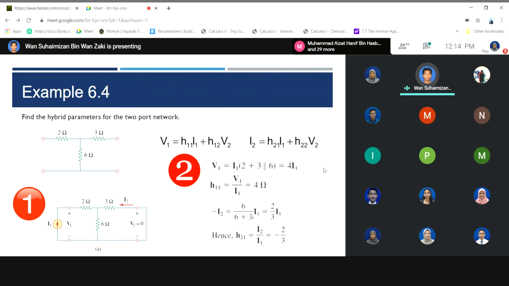So negative I2 will be 6 over 6 plus 3 times I1, which gives 2 over 3 I1. The ratio I2 over I1 is negative 2 over 3. Because this is current over current, there is no unit for H21.